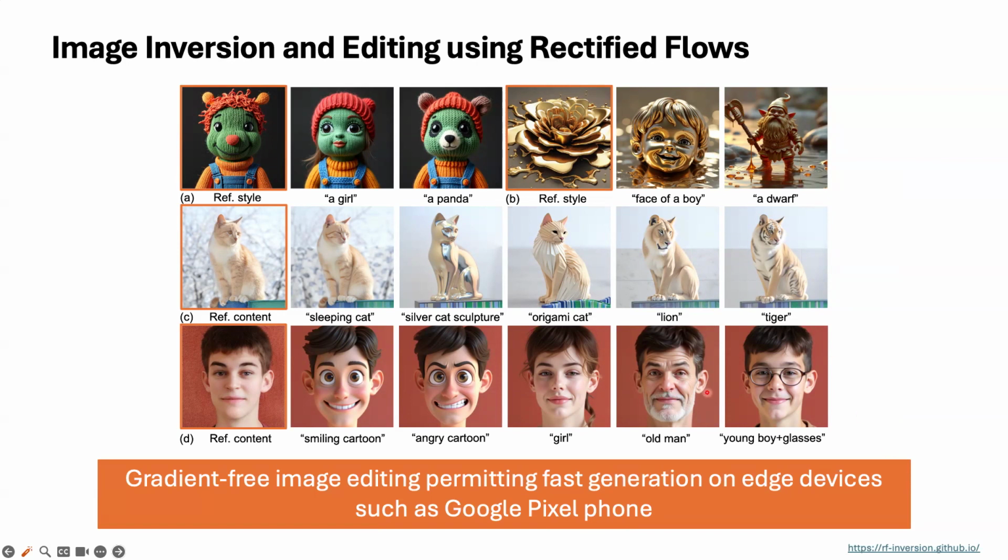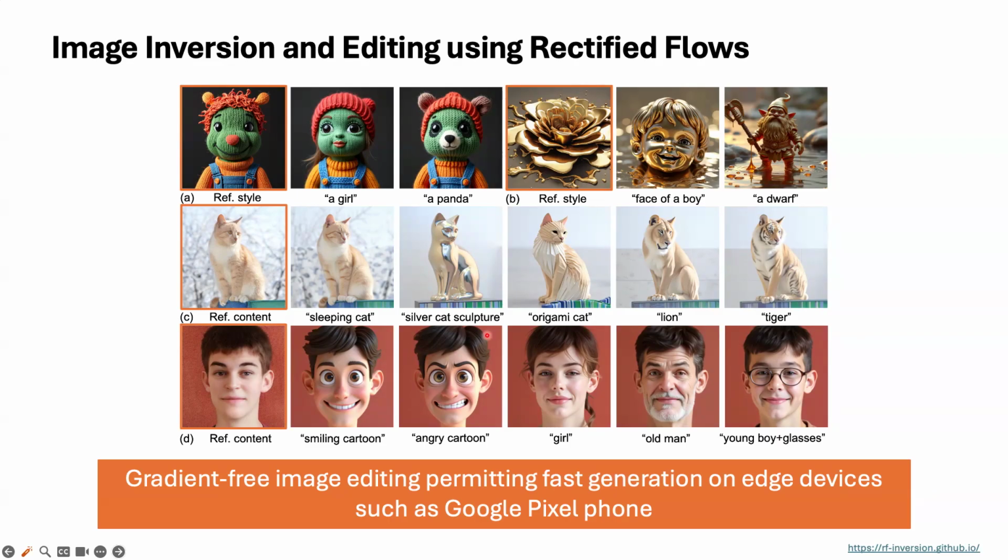An example being you give this image of a cat and say, I want to convert it to a sleeping silver cat sculpture. What you want to do is flow this image, the cat, to noise, do some noise editing and flow it forward. You can view this as a form of counterfactual sampling, and I'm not going to talk too much about that here, but this is in our recent paper called RF.